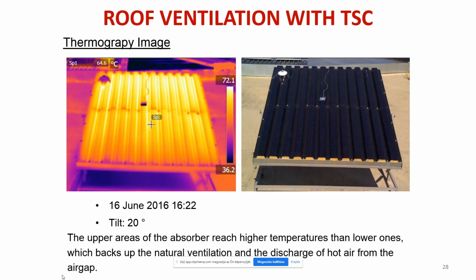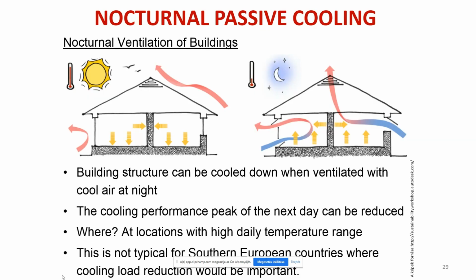In this thermography image, you see the discharging of the air, as the higher sections are warmer than the lower sections, and this is one thing that proves this ventilation in the air gap.